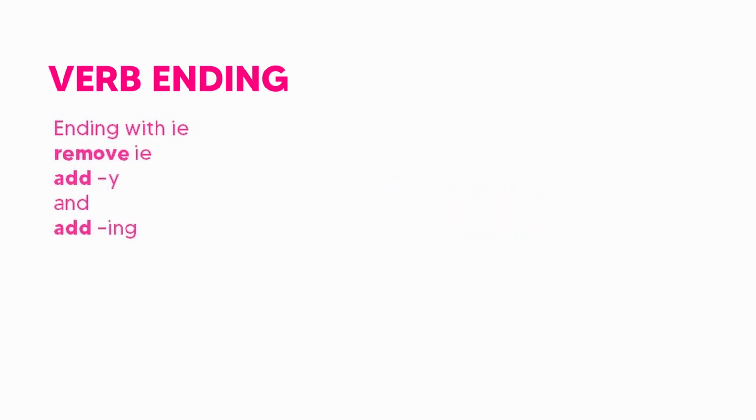When the verb ends in ie, we remove the ie, add y, then add ing. For example, lie becomes lying, and tie becomes tying.